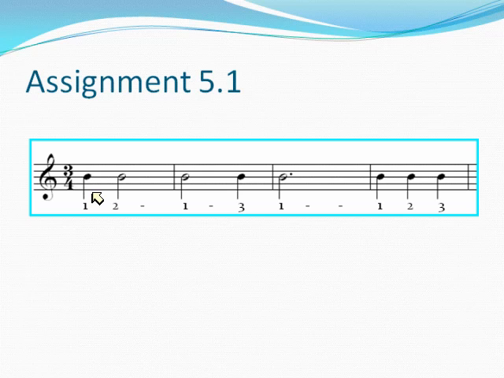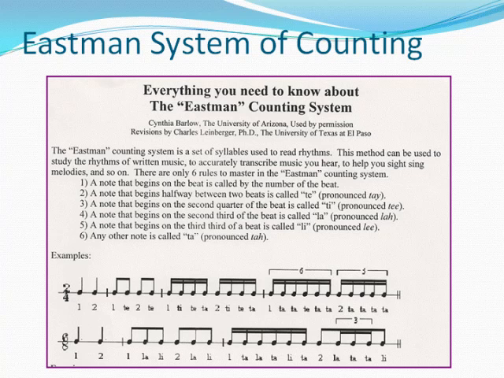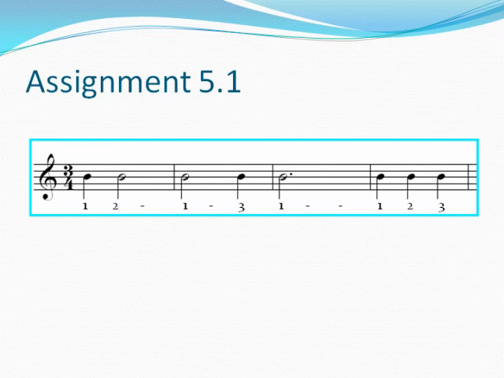But then the first note would occur. So there's a quarter note. A quarter note is one sound on 1 beat. So that note begins on beat number 1. If you remember back in the Eastman system, a note that begins on the beat is called by the number of the beat. So that note is on beat 1, so it's called 1, and that is the counting of it.